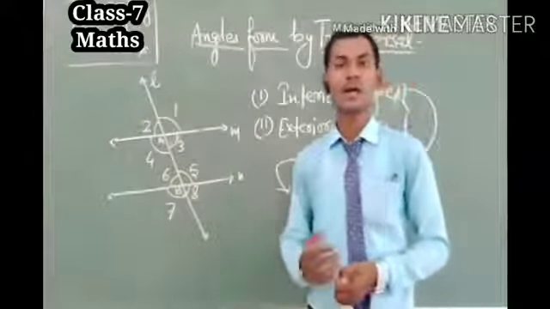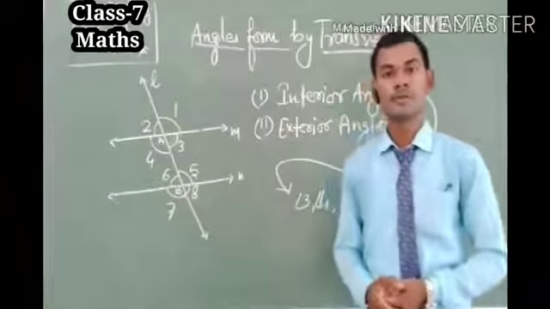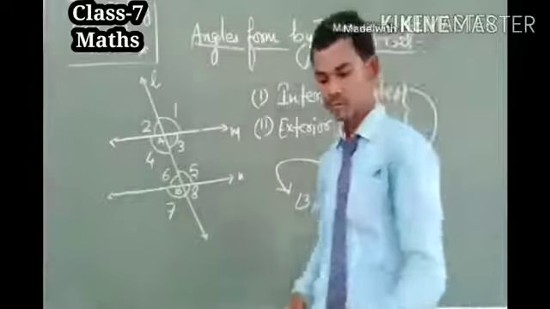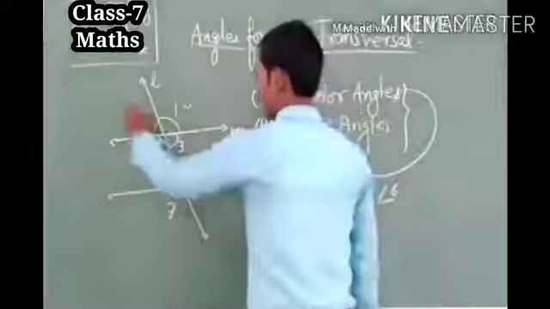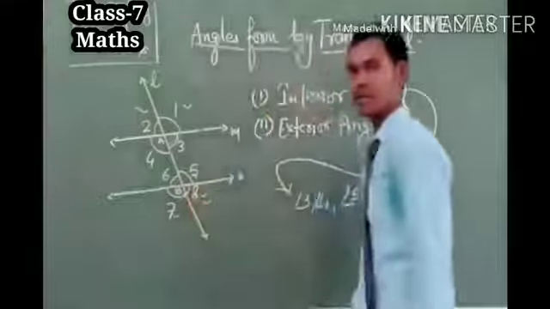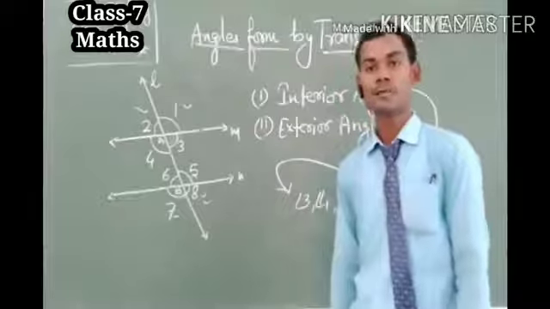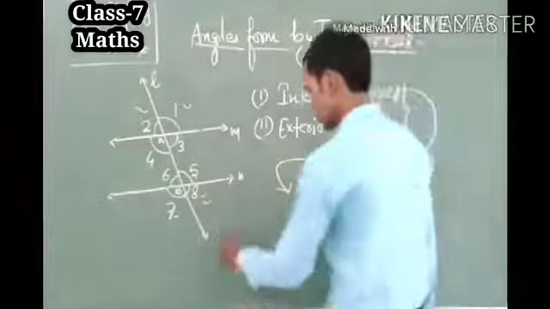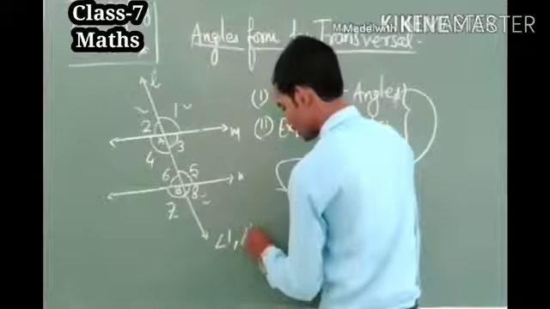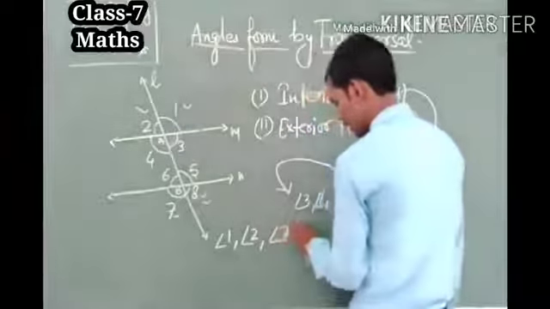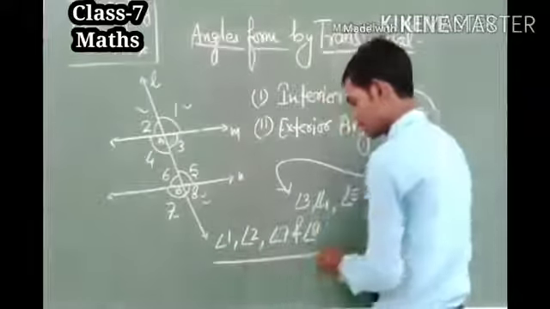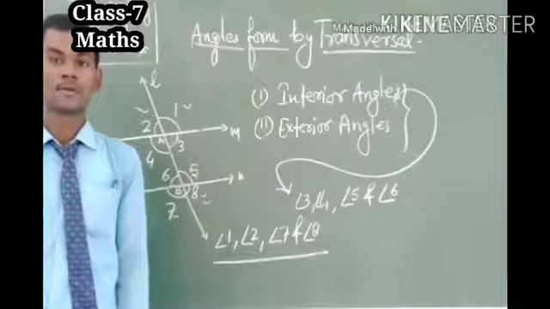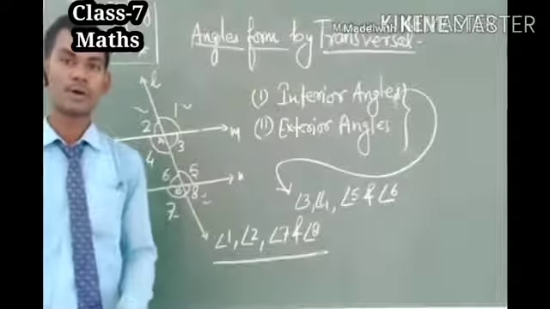The angles that do not have a common line segment and also don't lie between the given lines are known as exterior angles. So here angle 1, angle 2, angle 7 and angle 8 are the exterior angles, because they do not have the common line segment and also don't lie between the given lines M and N. They are therefore called exterior angles.